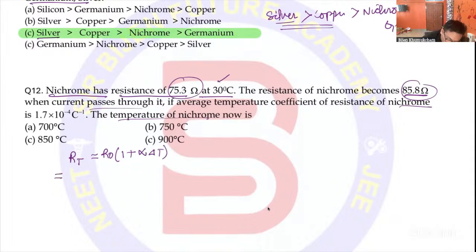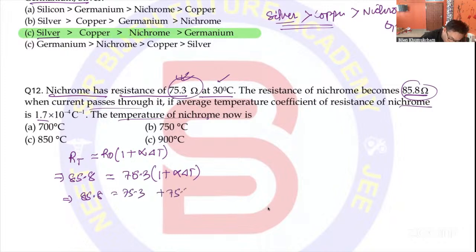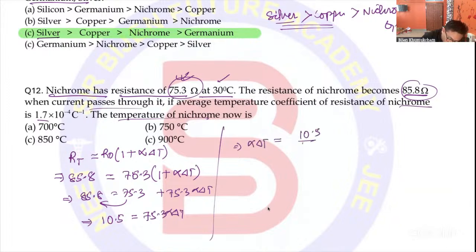So R is given as 85.8 equals R naught, 75.3, times 1 plus alpha delta T. Expand this: 85.8 equals 75.3 plus 75.3 alpha delta T. When we subtract, we get 10.5 equals 75.3 alpha delta T. So alpha delta T equals 10.5 divided by 75.3.